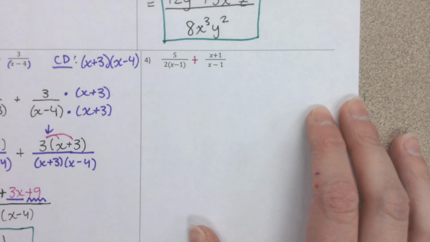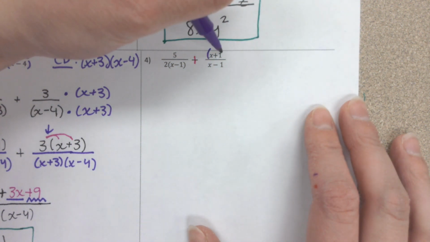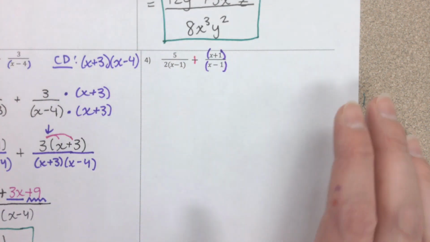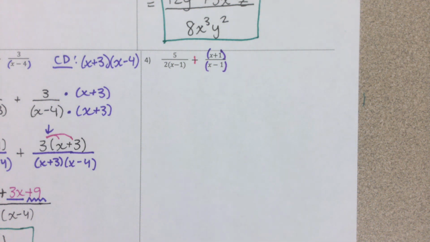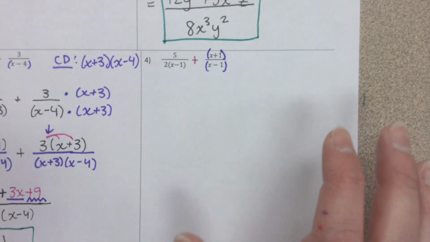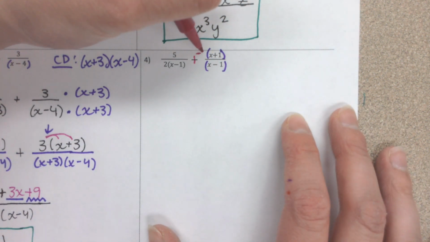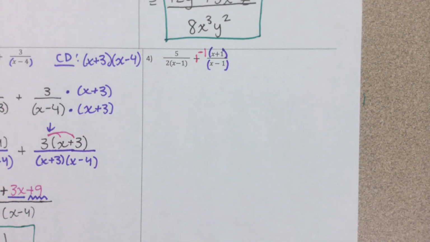And before I do my next part, I'm going to put parentheses like I normally do. And that will help with what I'm about to do. We still need to account for that minus somewhere. So what I do is I put a negative 1 on top of the next fraction. That is kind of the replacement of the minus.